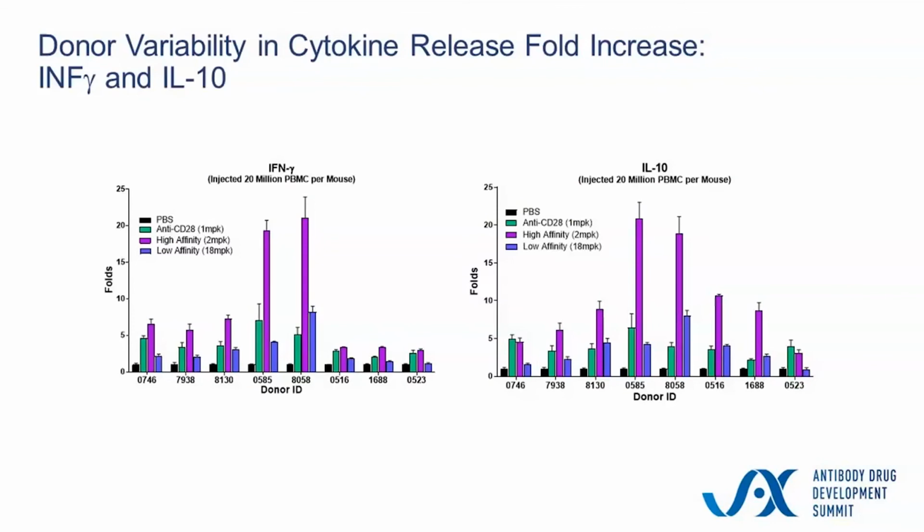While other donors, you see essentially minimal effects or very low increases in cytokines over background. So you can see the need to look at a good number of PBMC donors, to better understand your potential cytokine release issues, possible toxicities that you might eventually reach when you get into a phase 1 trial.